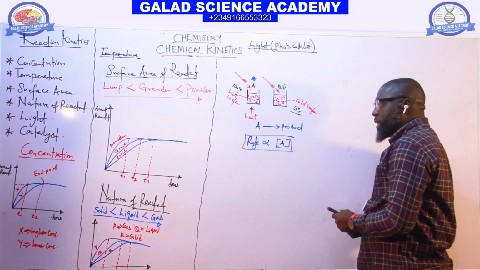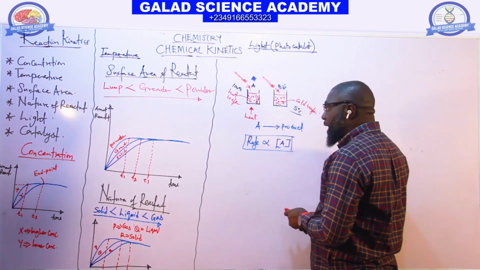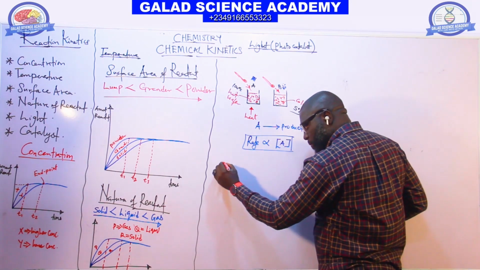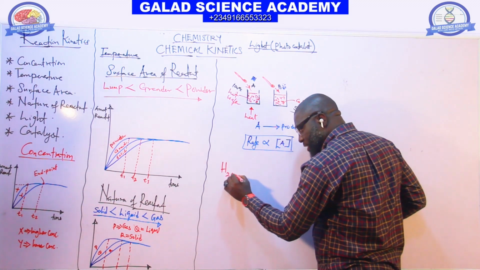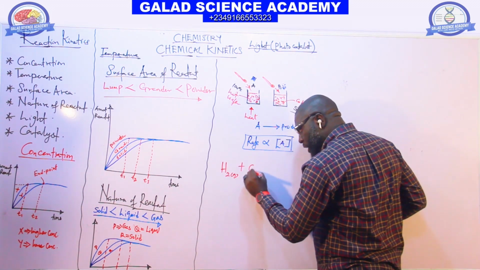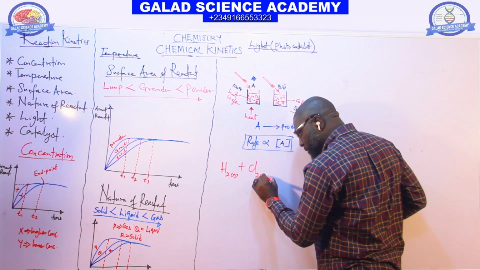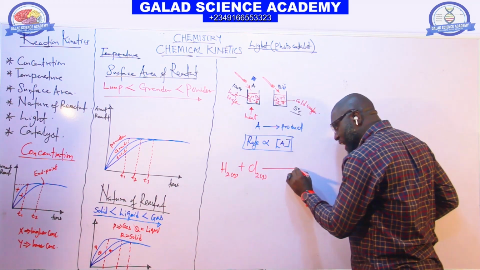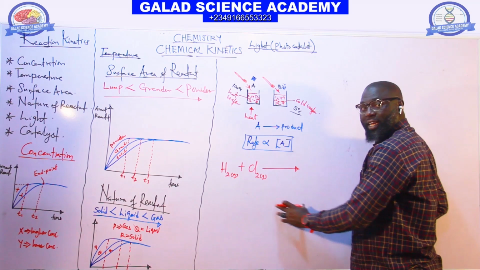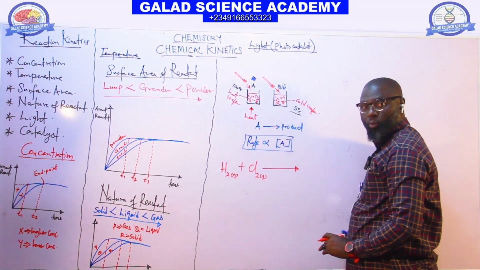Take for example, the reaction between hydrogen gas and chlorine gas to form hydrogen chloride. This reaction is very slow in a dark region.